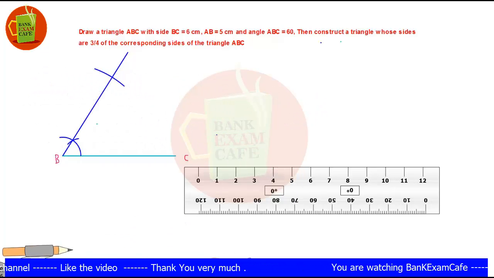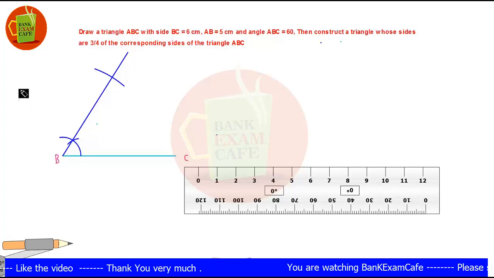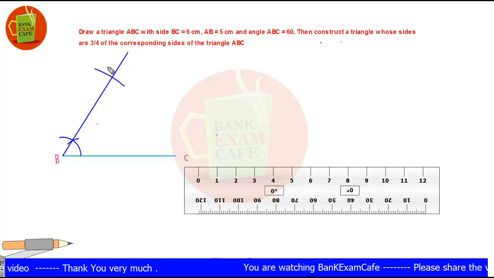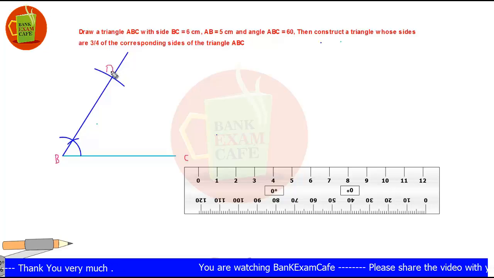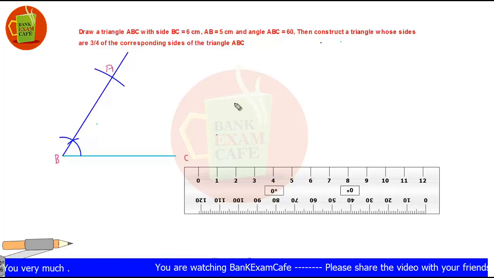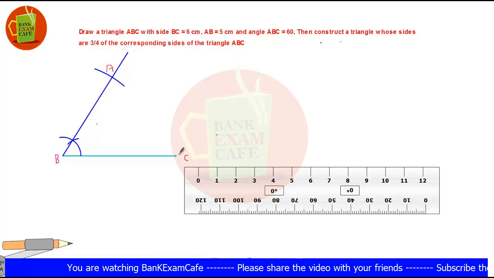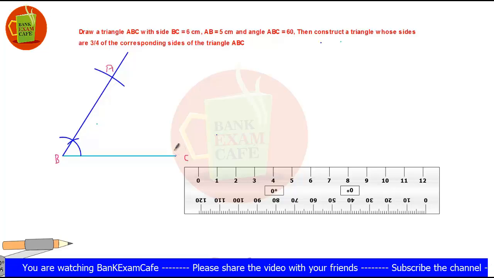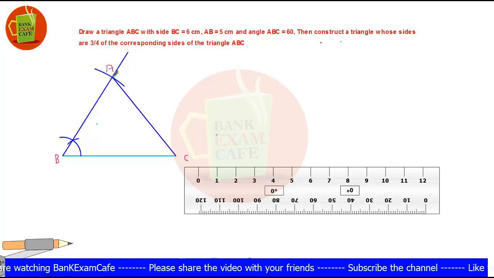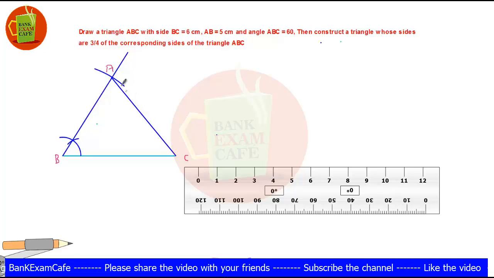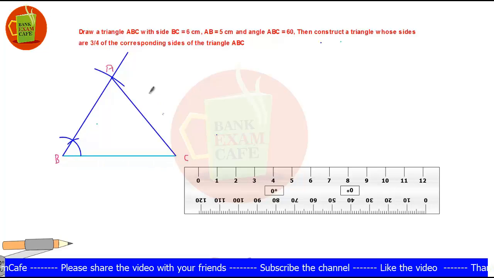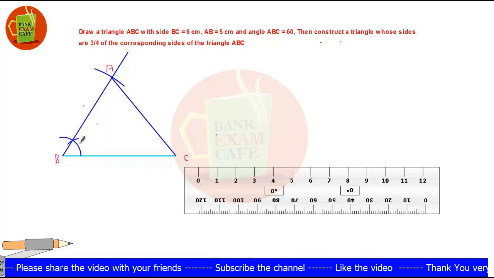And so this point will be A. Now join CA and then ABC will be the required triangle.